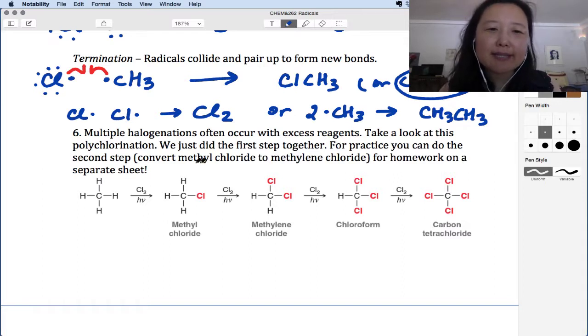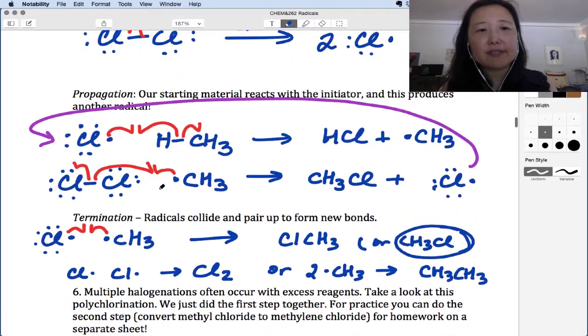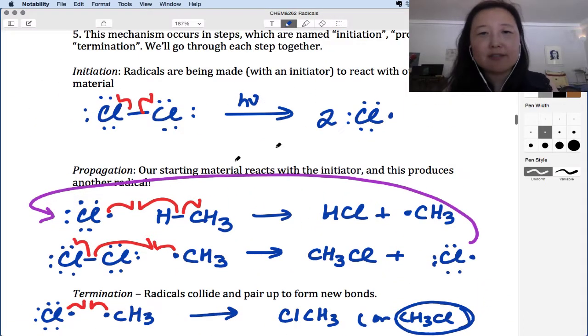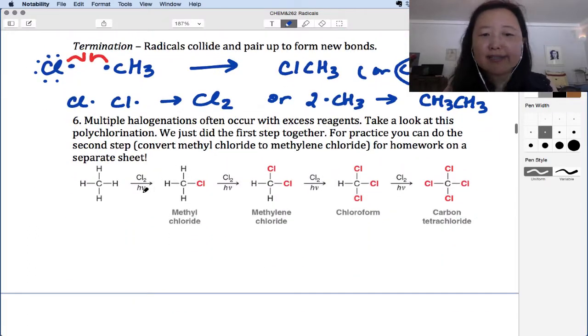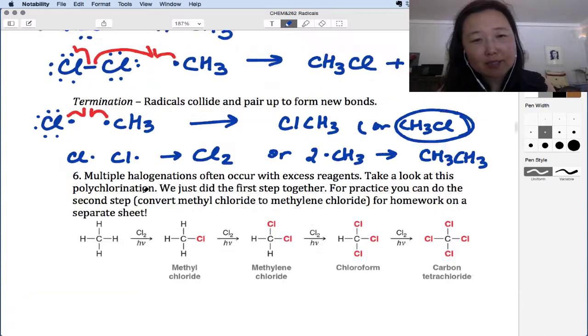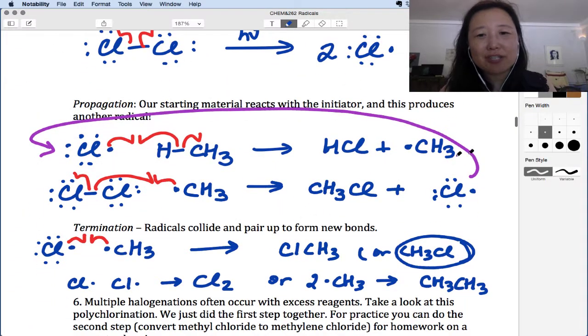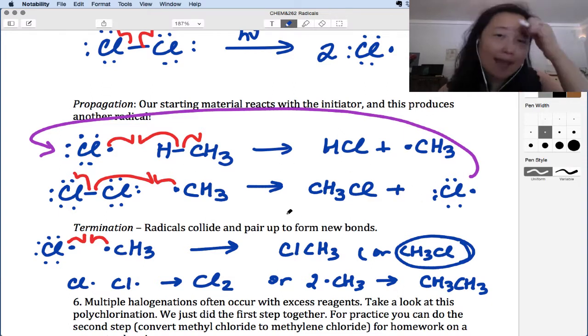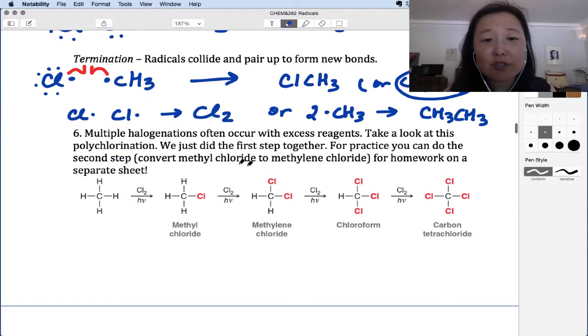For this one, I'd like you to practice first writing out your initiation. Find out what your initiators are, and then use that to figure out your propagation steps. There's usually two propagation steps, so there's this one and this one. Then always look at what you're trying to form. In this example, it says for practice, just do the second step.